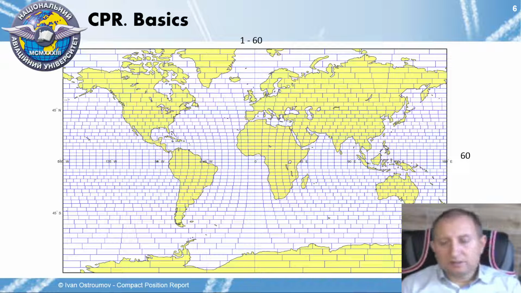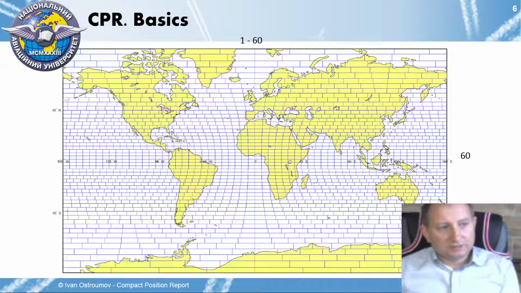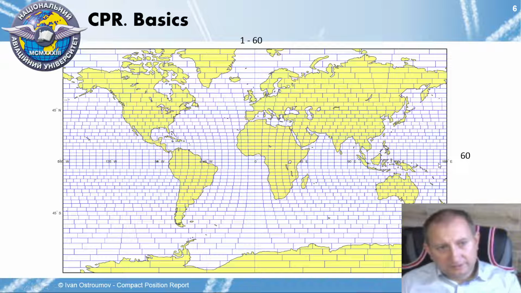And the length of each ring will be different because we have a globe form or ellipsoidal form. And it means that a ring at the pole has quite a short range. However, a ring at the equatorial plane has quite a valuable size.